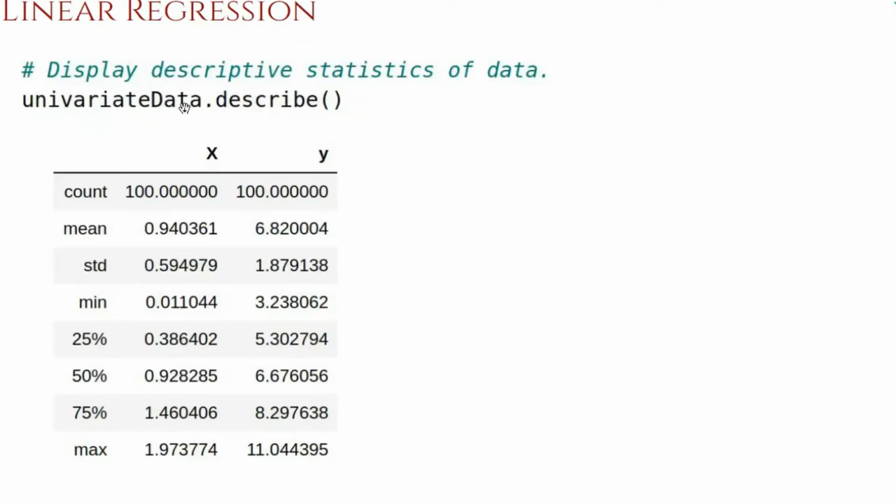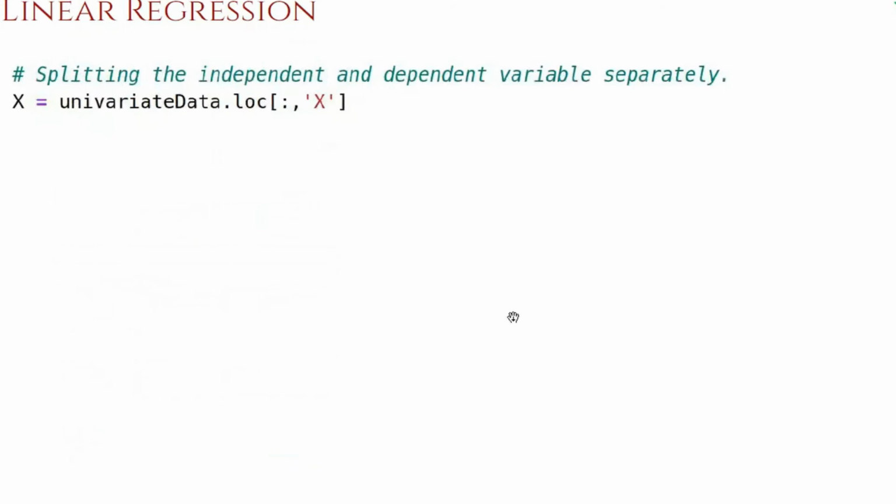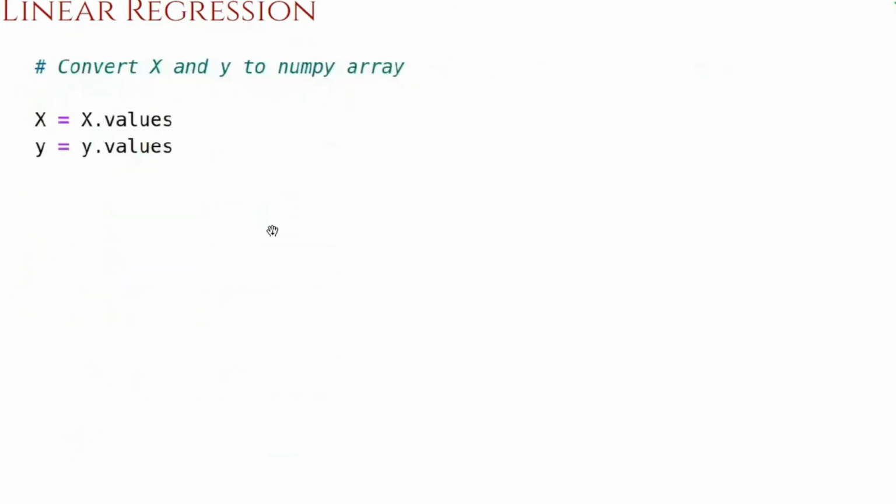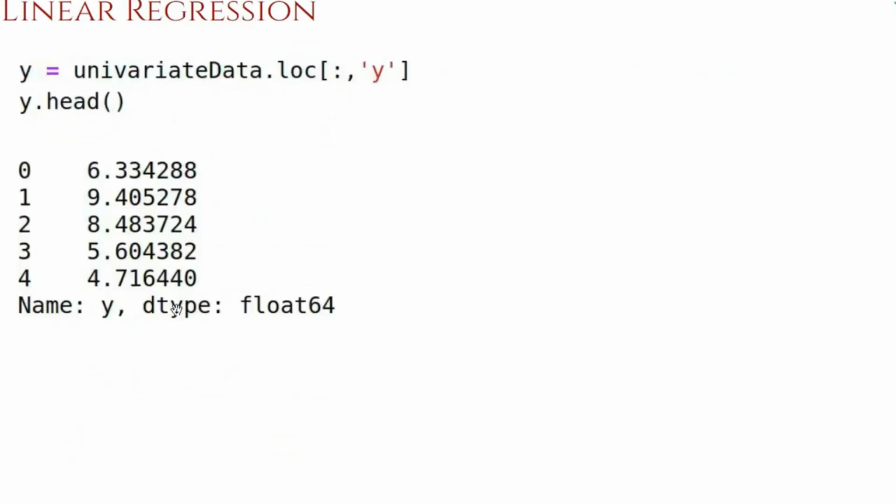Pandas is a very powerful data analytics library. With a single function call, you can get so many details about the data. What we are going to do is pick the x and y. I don't want to go through this because that is more pandas relevant.